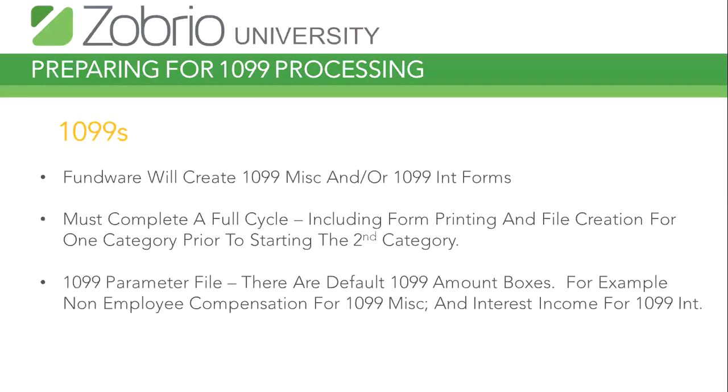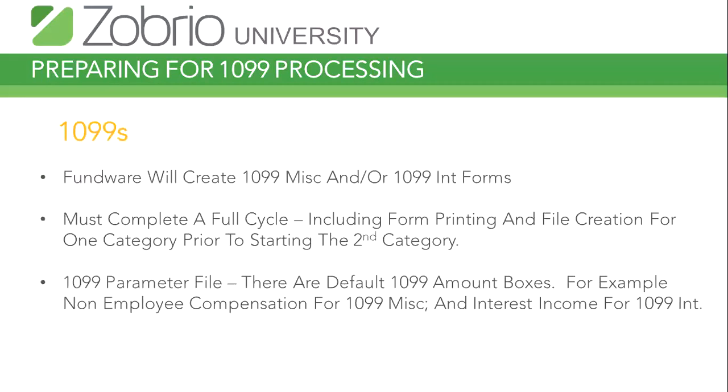Okay. The second piece of information that you want to look at in terms of setup is the 1099 parameter file. Okay. Now, the parameter file, there's basically one there for 1099 interest and 1099 miscellaneous. And again, it will hold certain demographic data like who you are and your tax ID, and it will also hold default 1099 boxes.